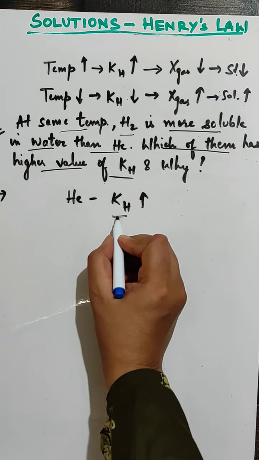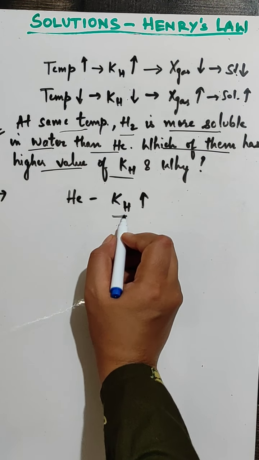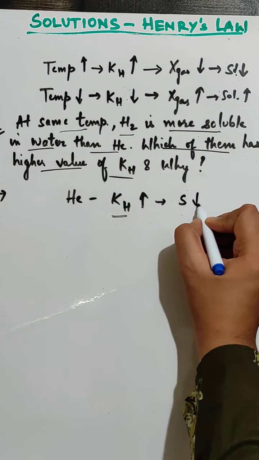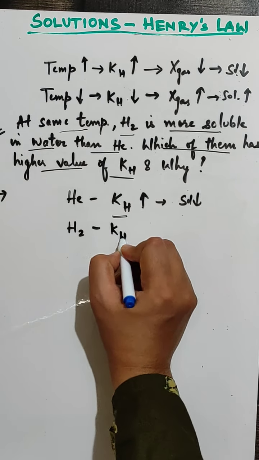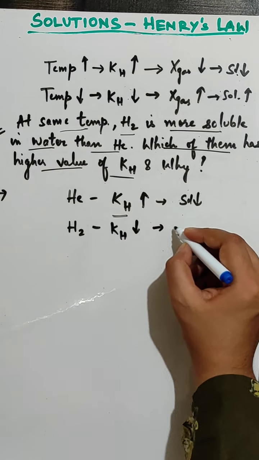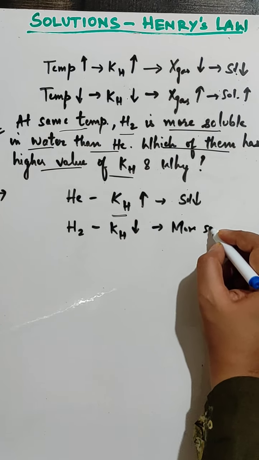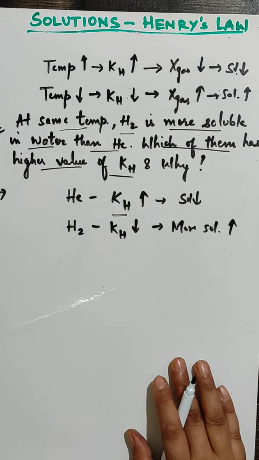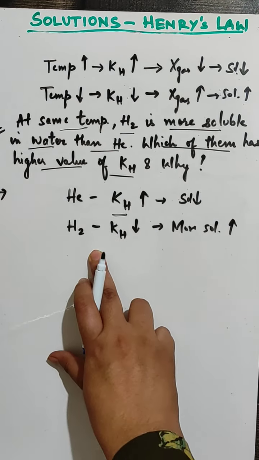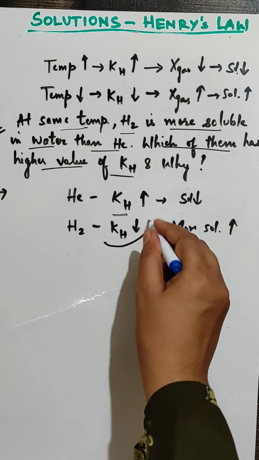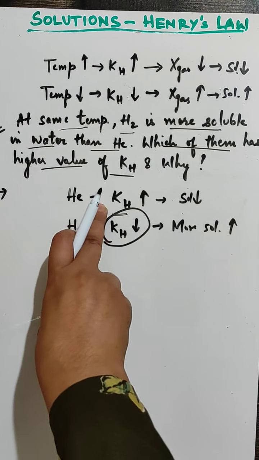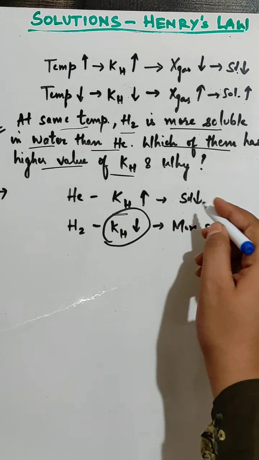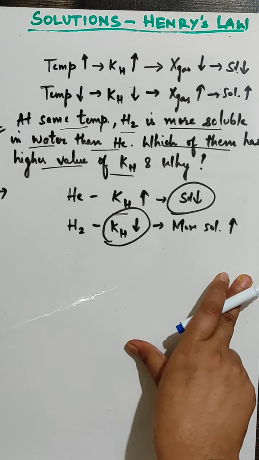If the gas has higher value of KH, it means that it is less soluble, and as hydrogen has lower value of KH, it is more soluble. So that is why hydrogen is more soluble in water, because the value of KH is low, and that of helium the value of KH must be high, so that is why its solubility is low.